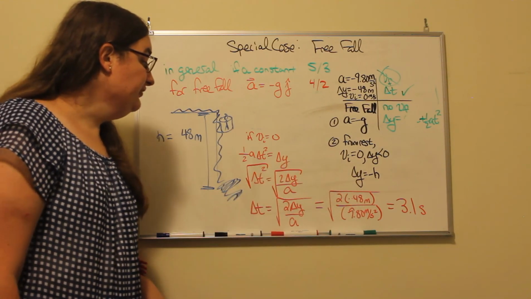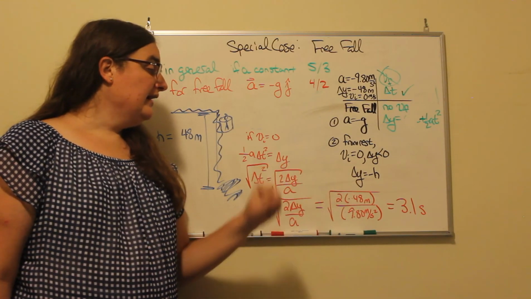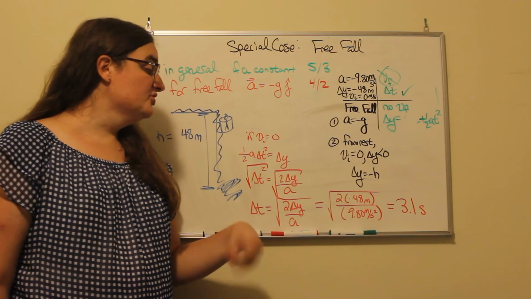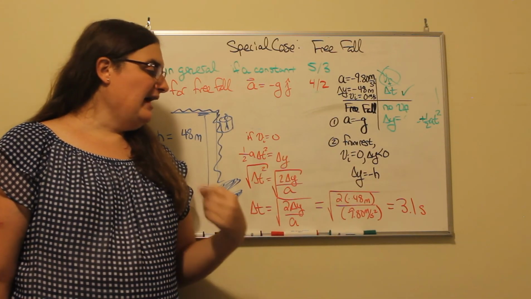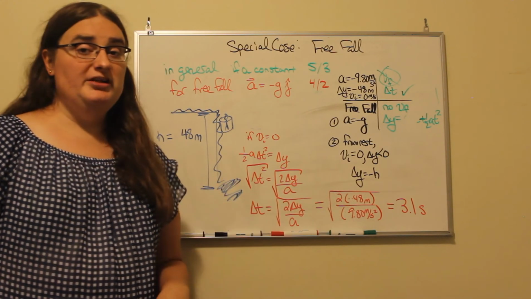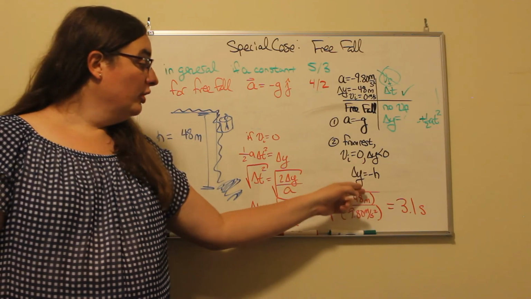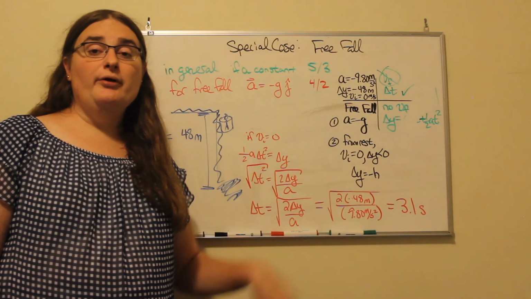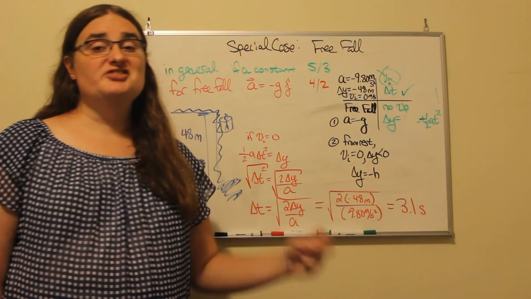Wrapping up this problem, I have 2 times 48 meters, which gives me 96 meters in the numerator, divided by 9.80 meters per second squared. Meters over meters cancels. 1 over second squared is second squared, and the square root of second squared gives me units of seconds.